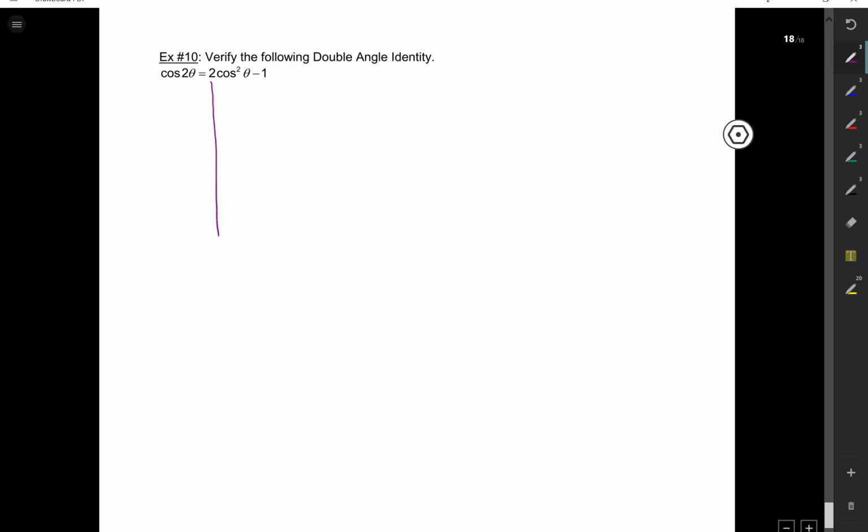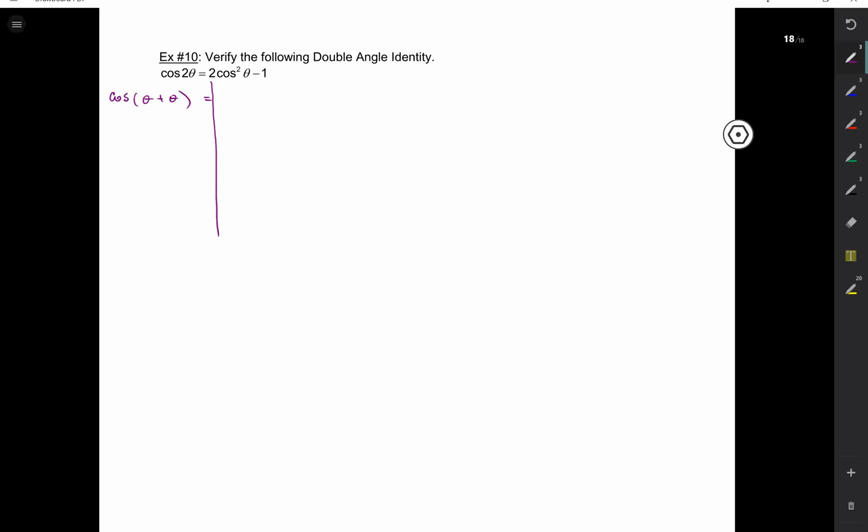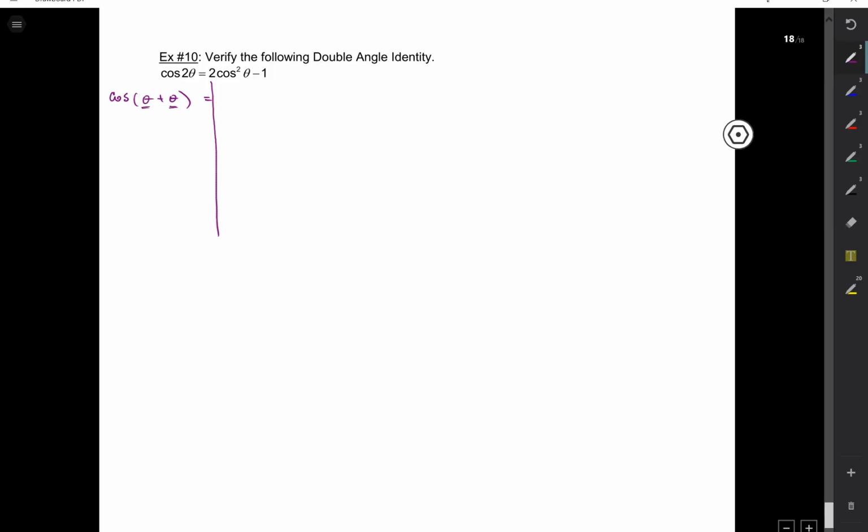So look, I can write cosine of 2 theta as cosine of theta plus theta. When you're doing these identities, by the way, draw the line or something, but it has to be completely vertical from top to bottom, okay? This is cosine of alpha plus beta. So which identity is this one? I thought you just said we can't use variables.